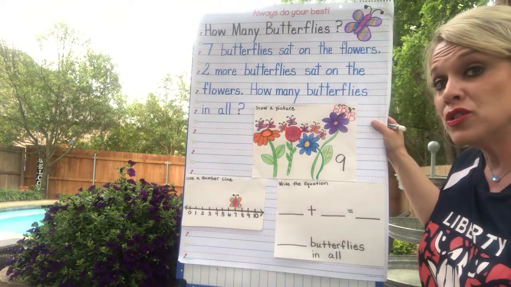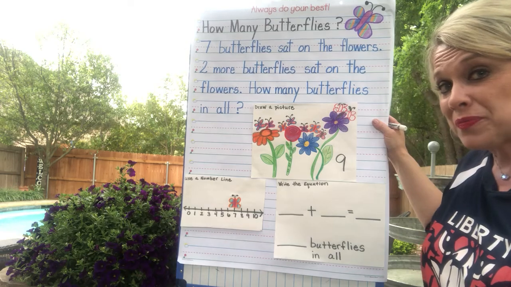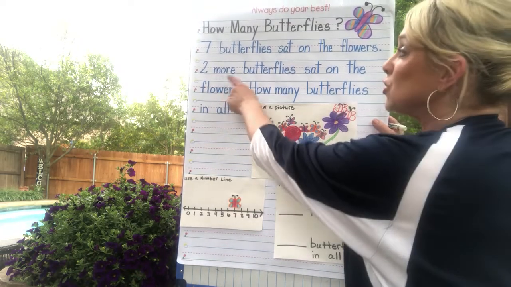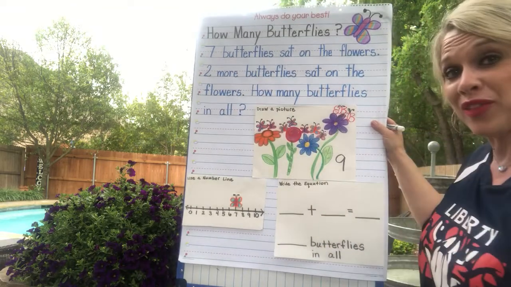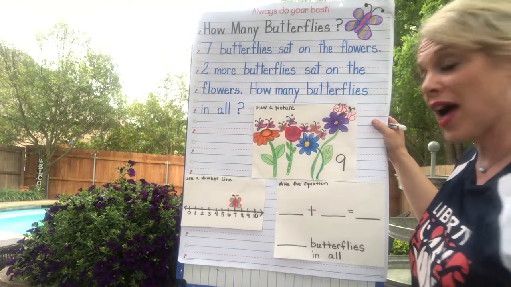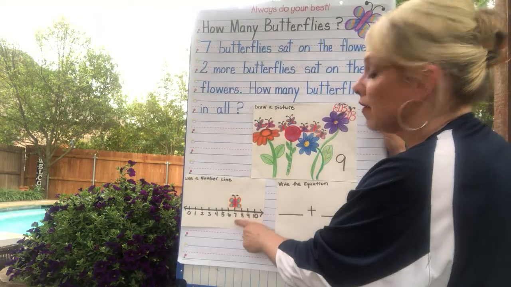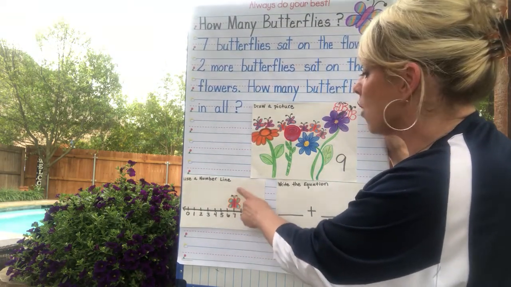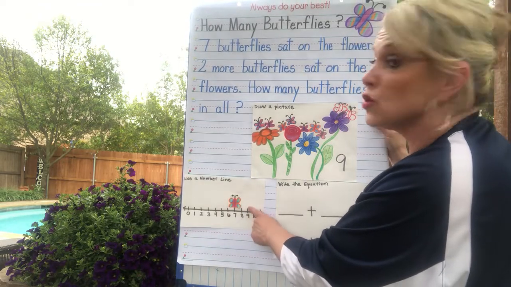How many more joined the 7? Do you remember? Yes, 2. 2 more butterflies sat on the flowers. So if you used a number line, you would find the number that you've started with, and then you just count up 2 more spaces.